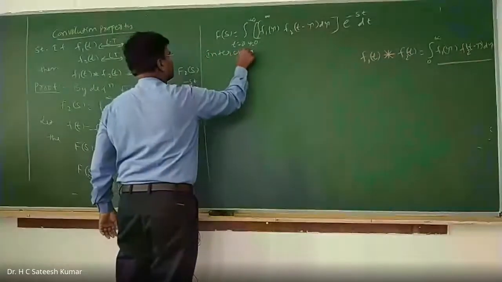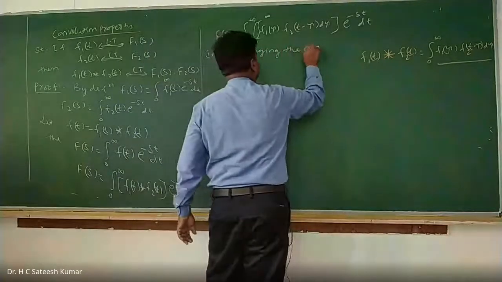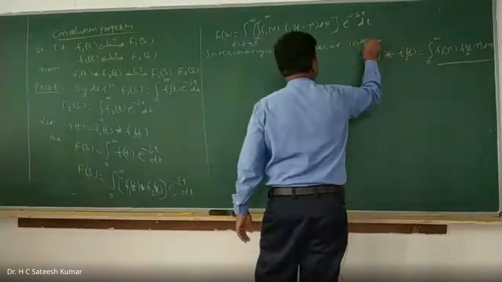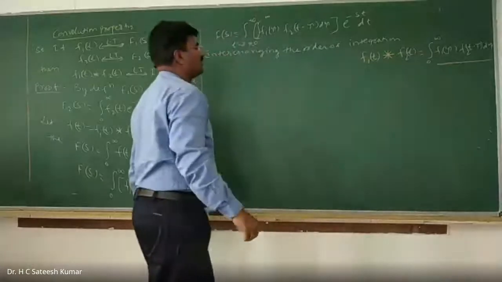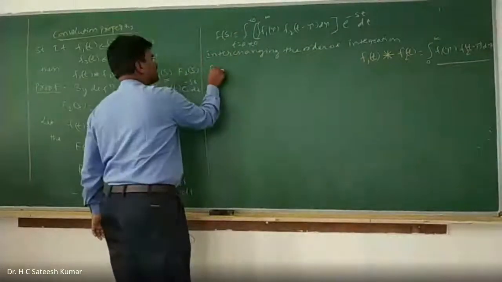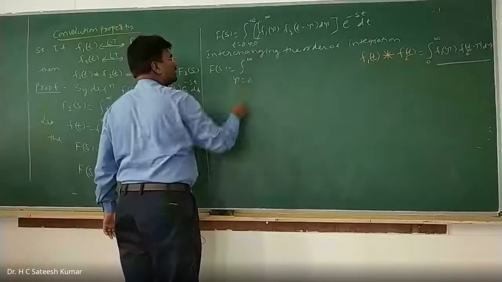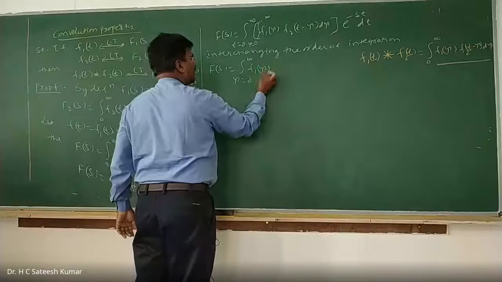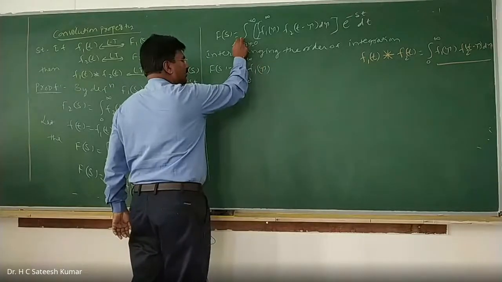Interchanging the order of integration. If we interchange the order of integration, what will you get? F of s is equal to integration, tau ranges from 0 to infinity, and f1 of tau I'll take outside, because the t integration is only for t. We don't have t terms here.